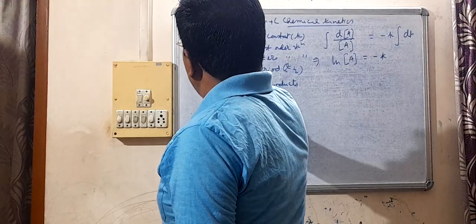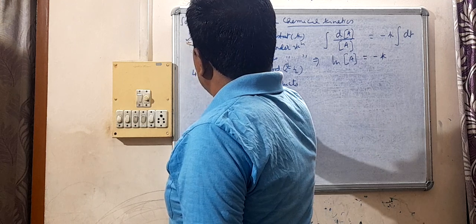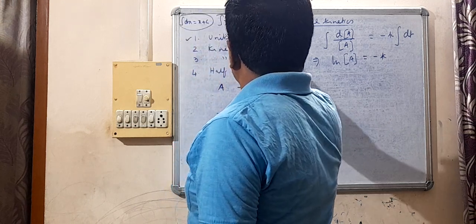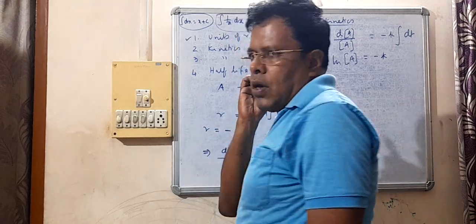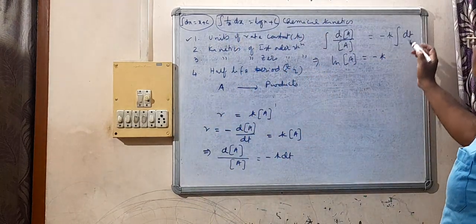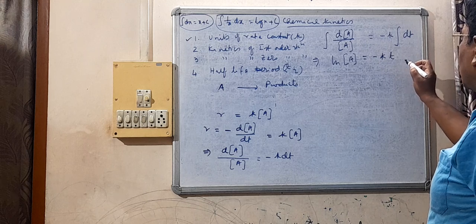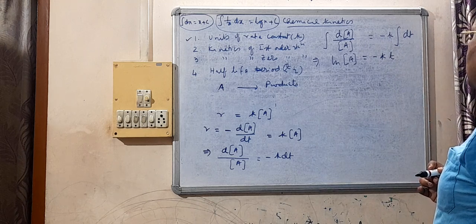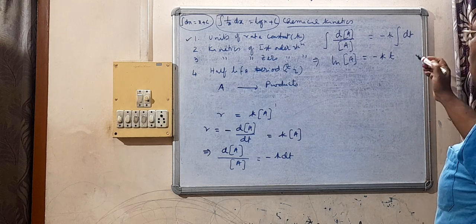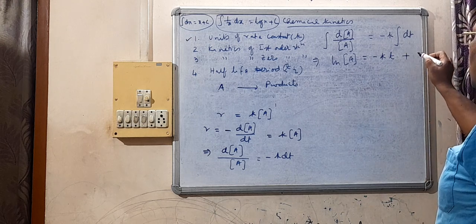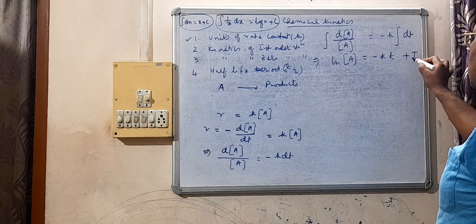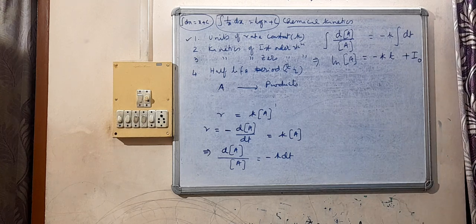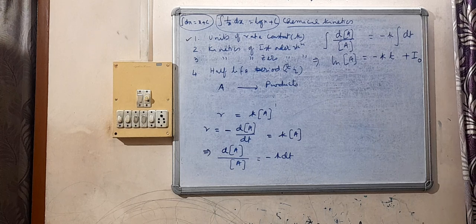Integration of dx is x plus c, another standard form. So integration of dt is t plus the integration constant. Suppose I naught is the integration constant.